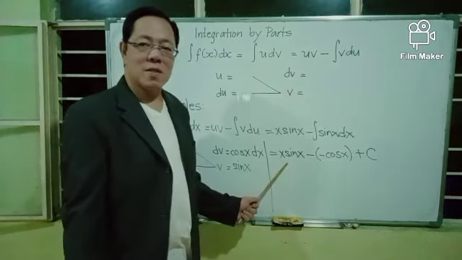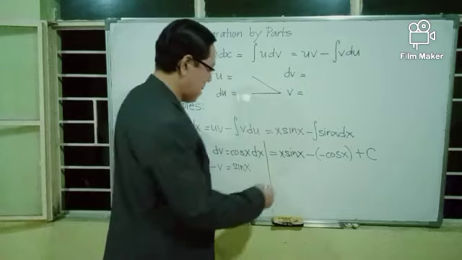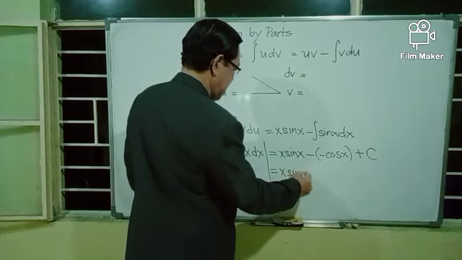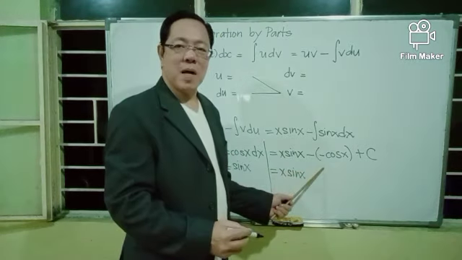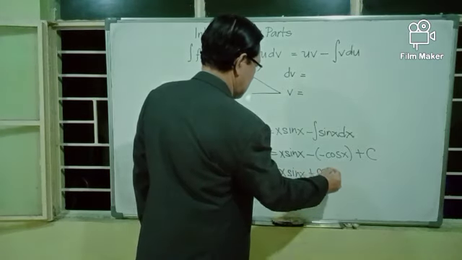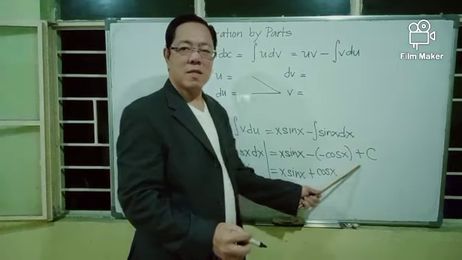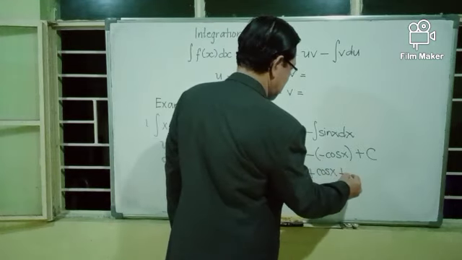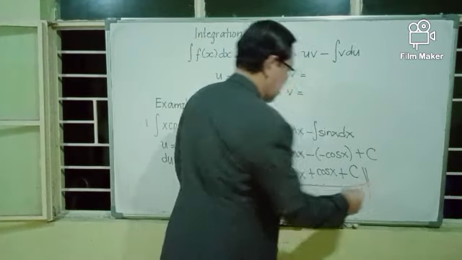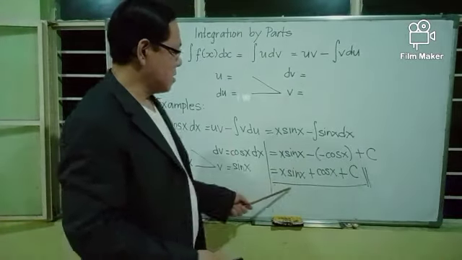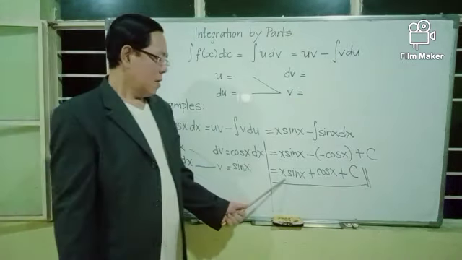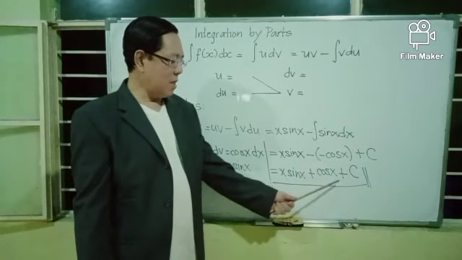The first term is the same, x sine x. Negative and negative is positive cosine x, plus c. And that's the integral of x cosine x dx: x sine x plus cosine x plus c.